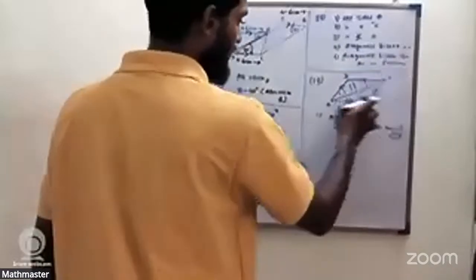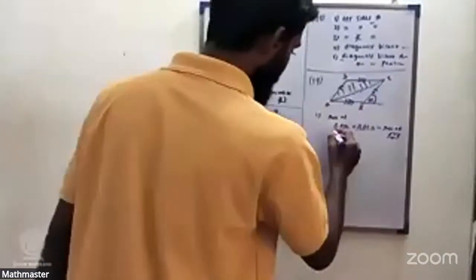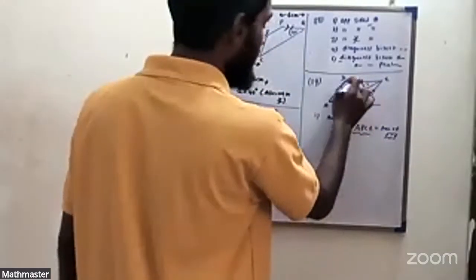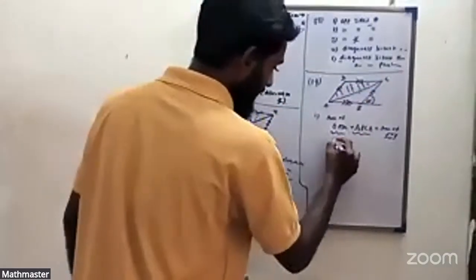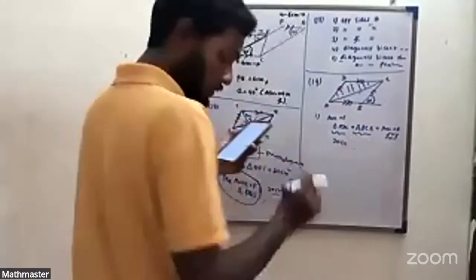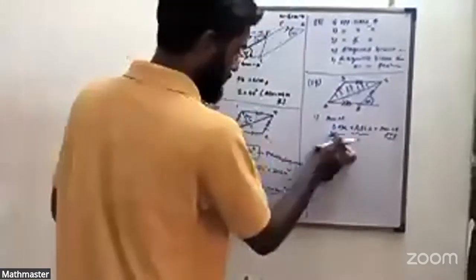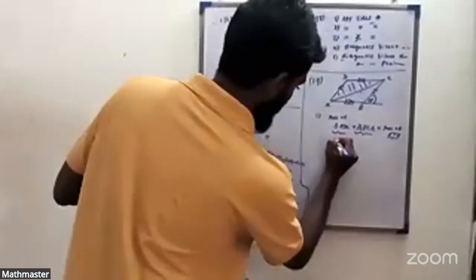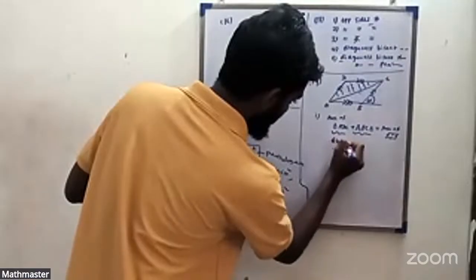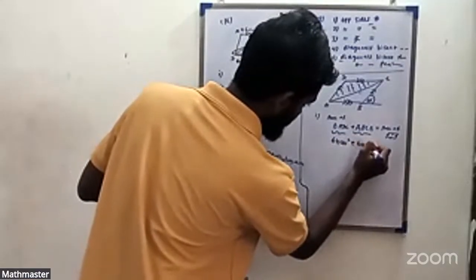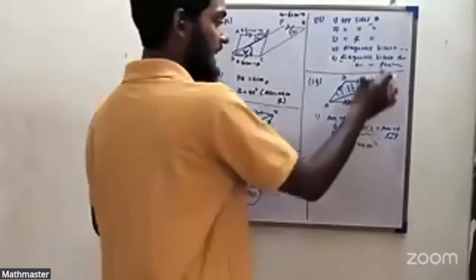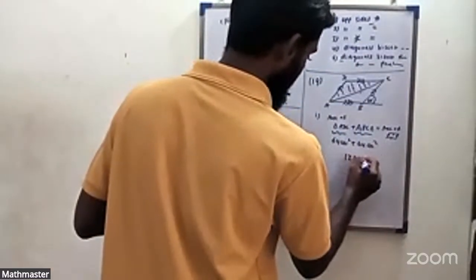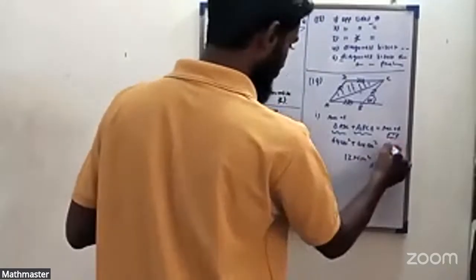Therefore, the area of triangle ADC plus triangle ABC gives the area of the entire parallelogram. One area is 64 centimeters squared, this is also 64 centimeters squared. Therefore, the total area of the parallelogram is 64 plus 64, that is 128 centimeters squared.